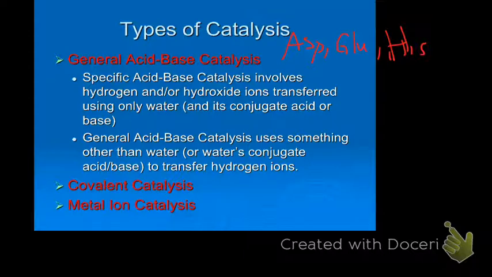Even lysine, arginine, serine, threonine, tyrosine, all of those that have those protons. Cysteine is actually a really good one, where it can either donate a proton or accept that proton back. Those are often utilized in general acid, general base catalysis. And if you have a general acid, you're going to have a base, because it's like a yin-yang, since it has to be reversible. Okay.